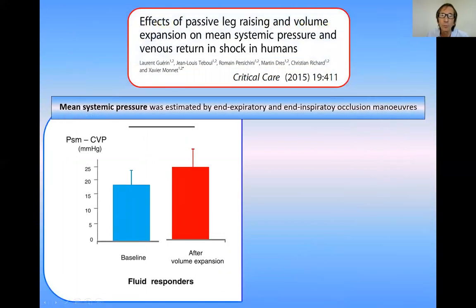And this is what we observe in fluid responders: an increase in cardiac output by definition, I would say, but also, independently, we estimated the mean systemic pressure and CVP, and this gradient increased in these patients.